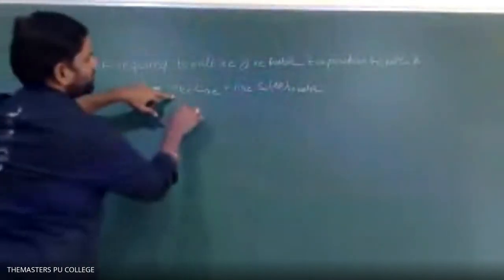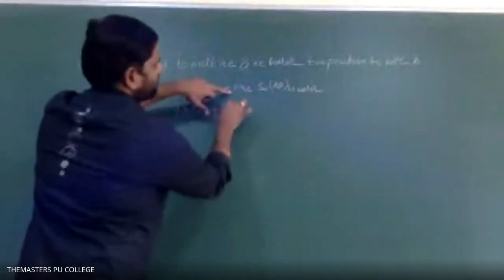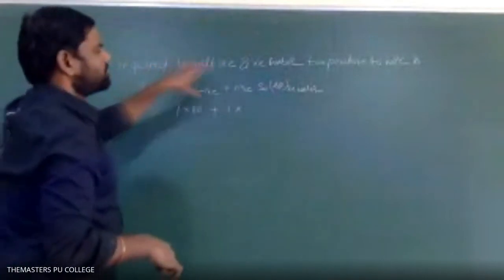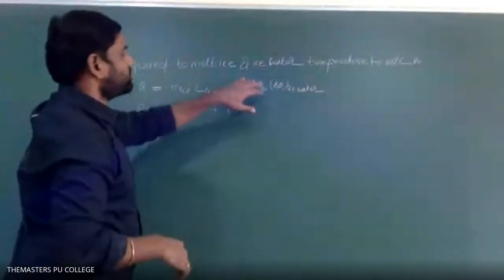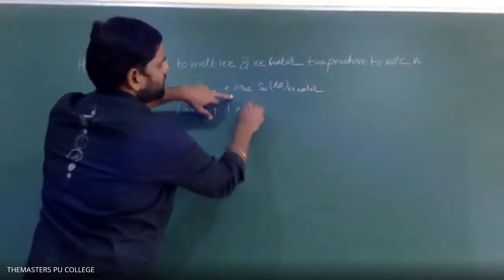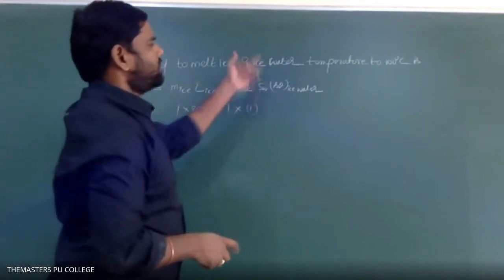So then I can write: mass of ice is 1 gram, latent heat of ice is 80, plus mass of ice is again 1 gram. Just 1 gram of ice melts means 1 gram of water will be there, that's why the mass of ice water is also 1 gram. Specific heat of water is 1. From where to where is the temperature of this ice water increasing?